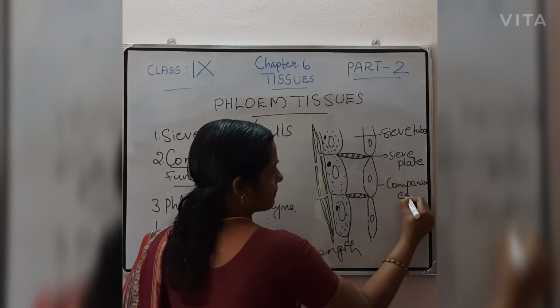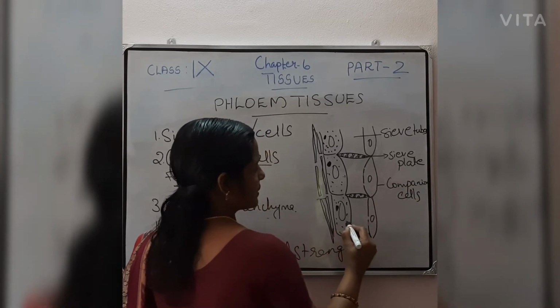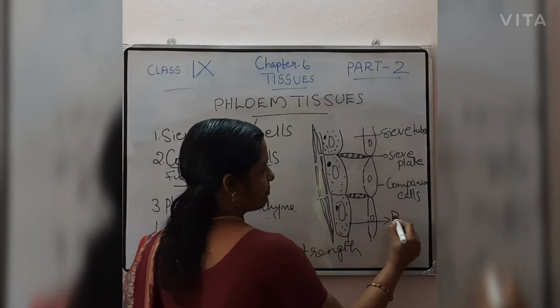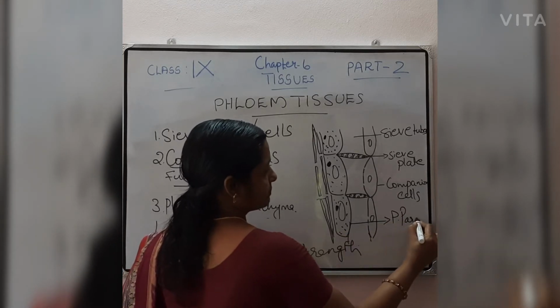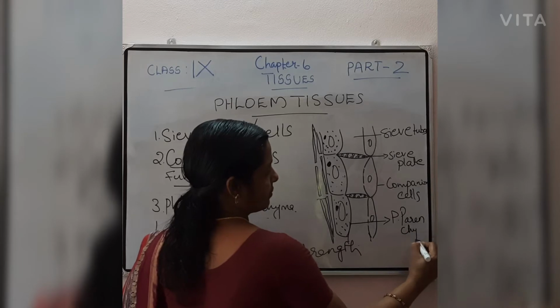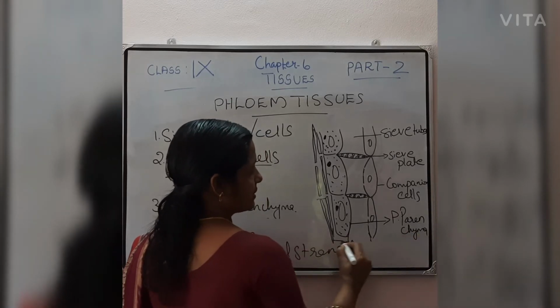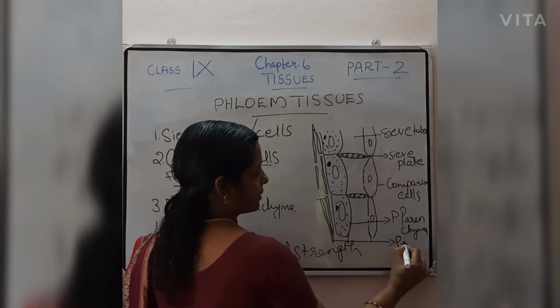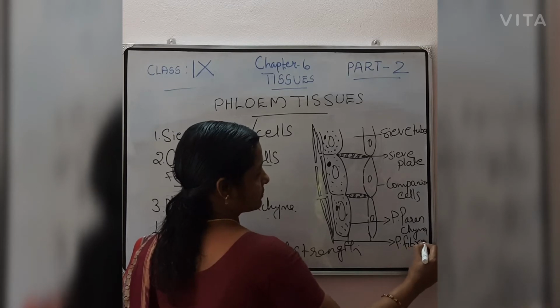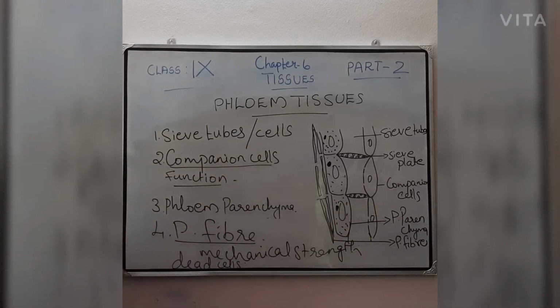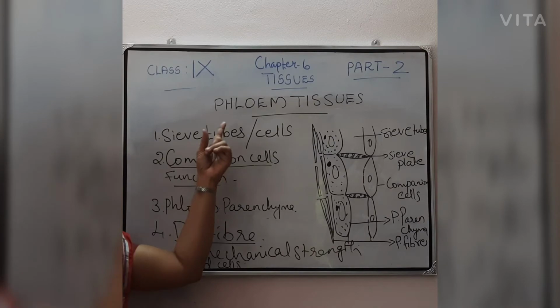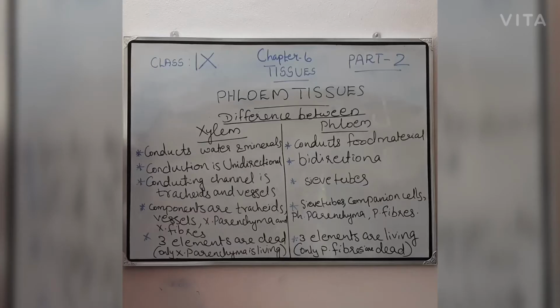This one is the phloem parenchyma, and these are phloem fibers. Okay, that's about the elements of phloem tissue.